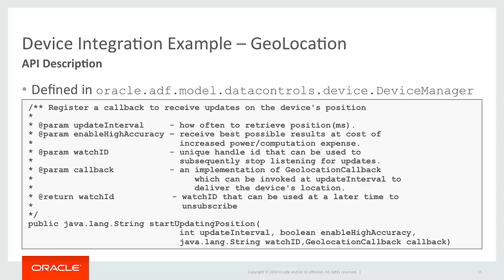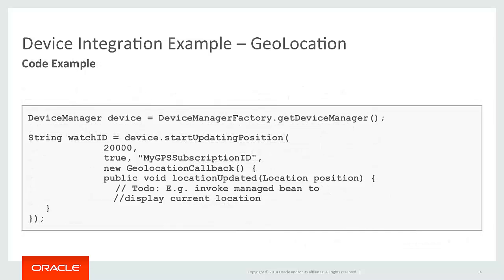And here's an example where the device starts actually updating the position. So I put an interval as 2000 milliseconds, so every 2 seconds I want to get information about where the position is. There's a handle ID I pass in, and then a new geolocation callback, which I then actually provide with the position of where my current location is.